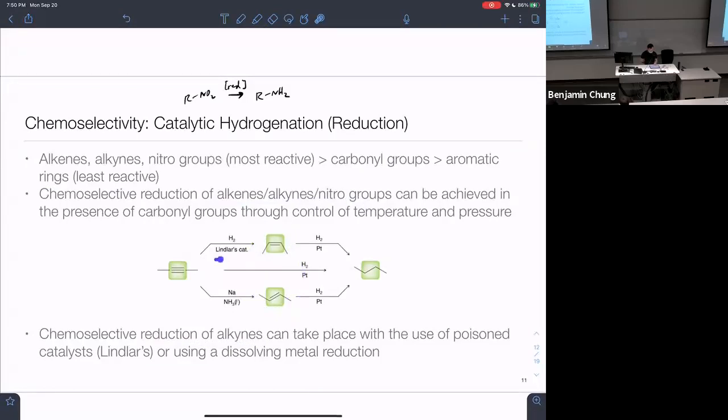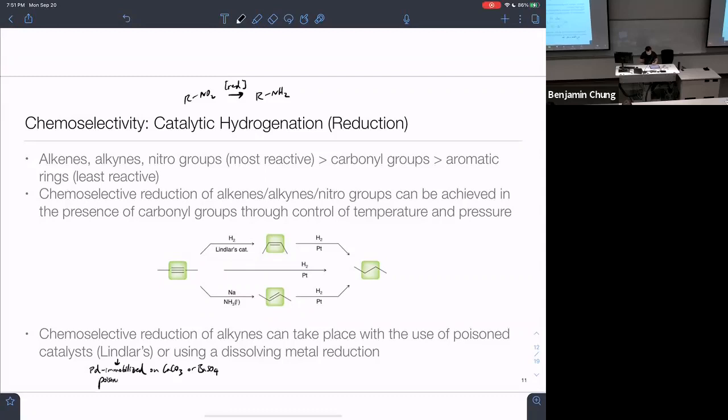So when you use Lindlar's catalyst, you get chemoselective reduction of the alkyne to the cis alkene. Lindlar's catalyst, as I said before, is palladium immobilized on either calcium carbonate or barium sulfate.